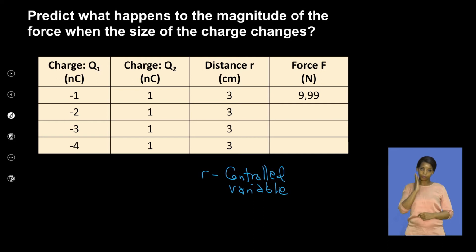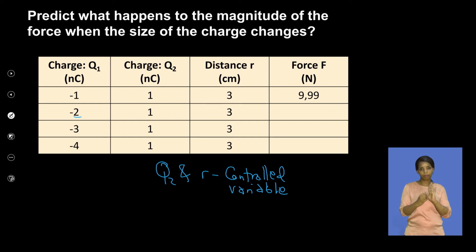So Q2 and R are actually control variables. The only thing that we're changing is the magnitude of Q1. So now we are going to double the size of the charge of Q1 and keep the distance the same as well as the magnitude of charge of Q2, so that we can collect our data and make those important predictions.